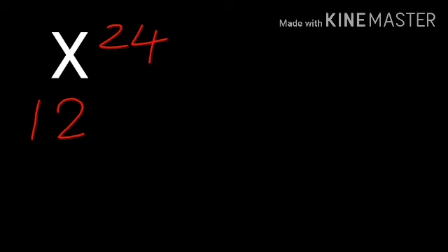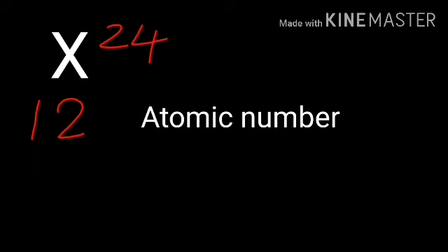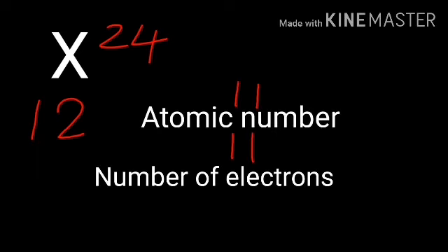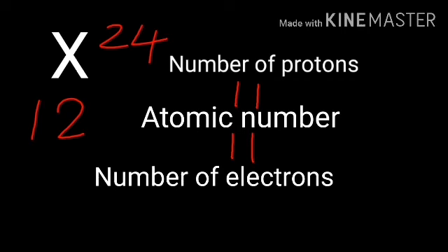So 12 is the atomic number, written as subscript, and 24 is the mass number, written as superscript. Atomic number is equal to number of protons and number of electrons. So the number of protons is 12 and the number of electrons is also 12.